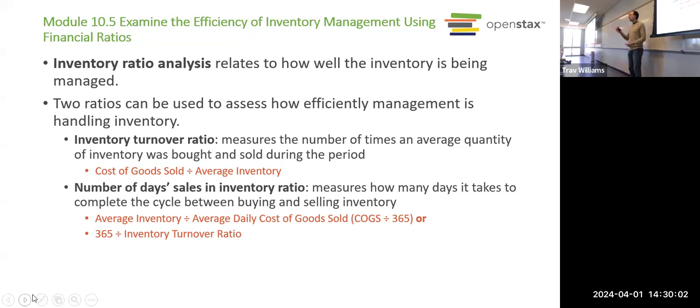And just like before, you want this number to be as high as possible, because what that means is you have a low amount of inventory and a high amount of sales. That gives you a bigger number. You have a lot of inventory and a low amount of sales, and you're going to have a smaller number. That's not good.